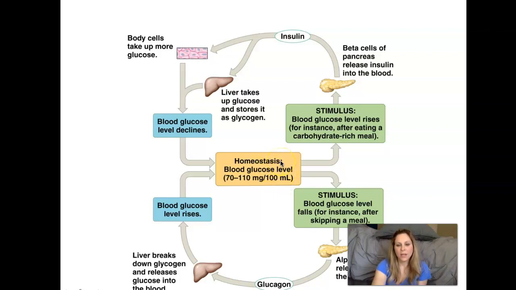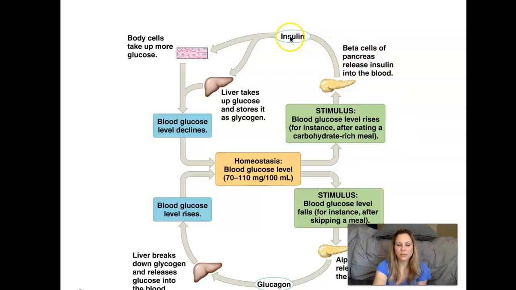All right. So I am going to eat a really big piece of cake. That's the stimulus. So when I eat a big piece of cake, it's going to be digested and a bunch of glucose is going to be spilled into my bloodstream. My body is going to sense that my blood glucose levels have risen, and my pancreas is going to be stimulated to release insulin.